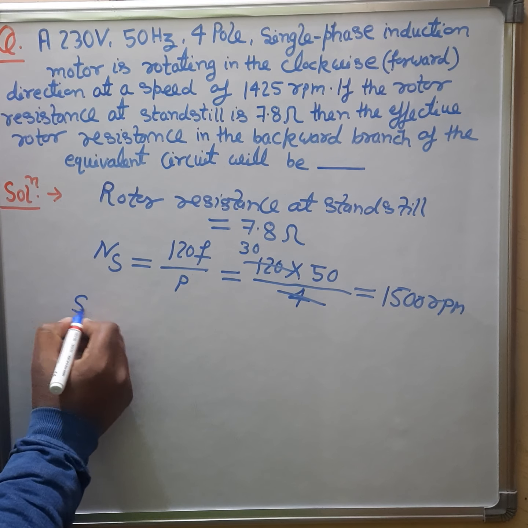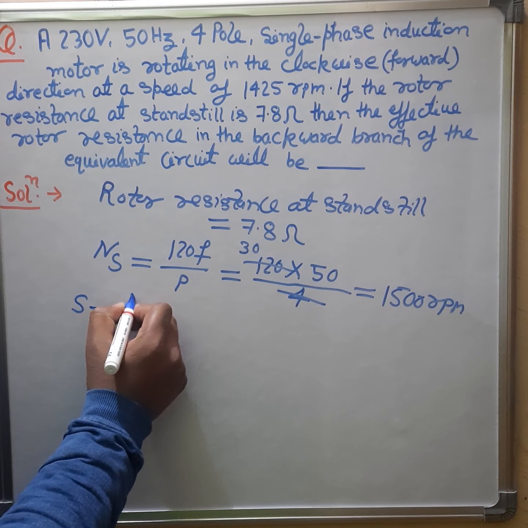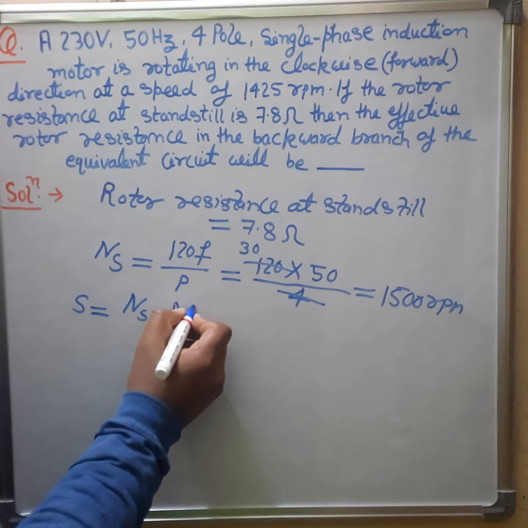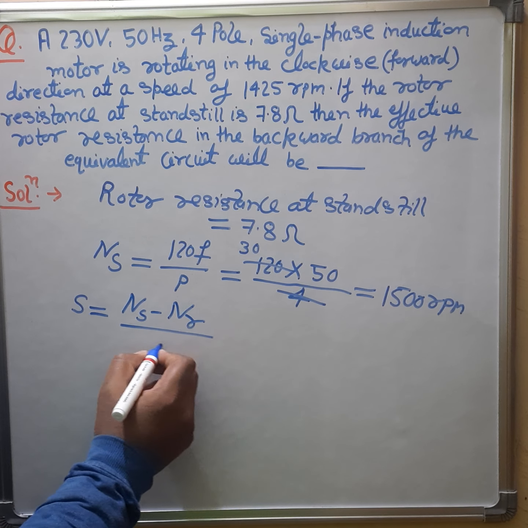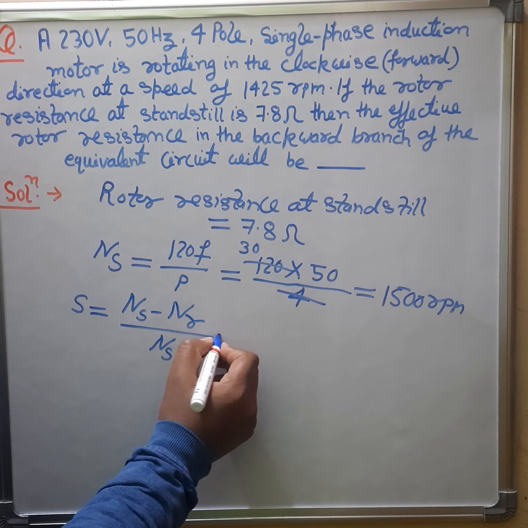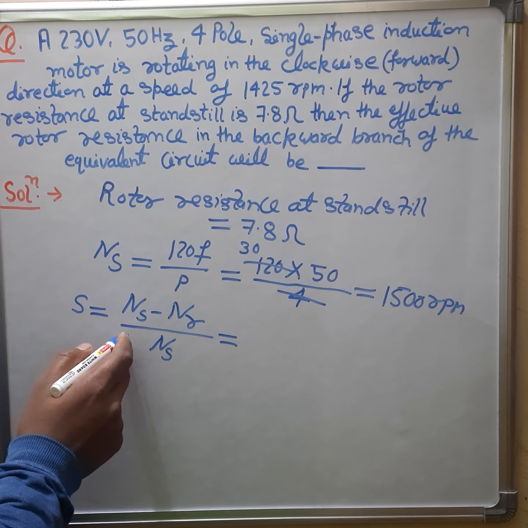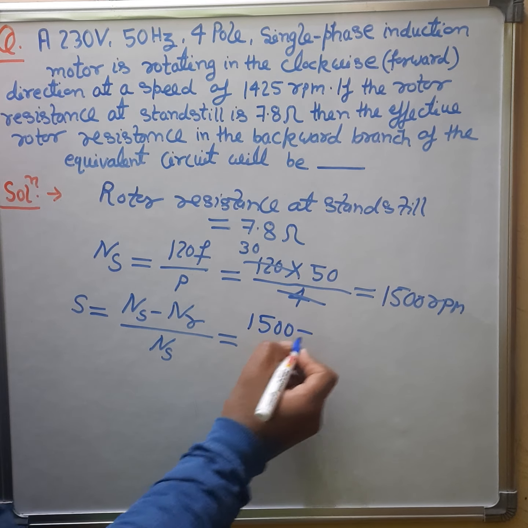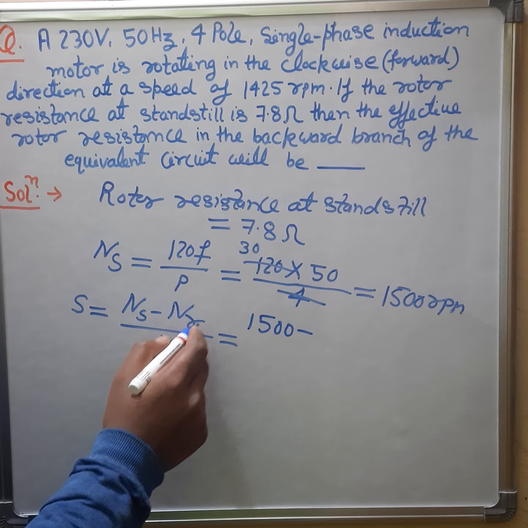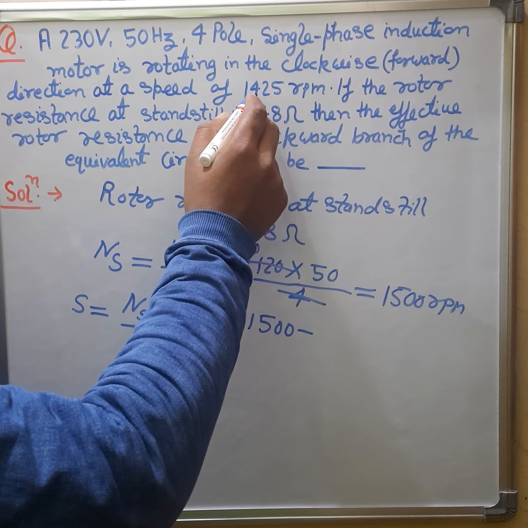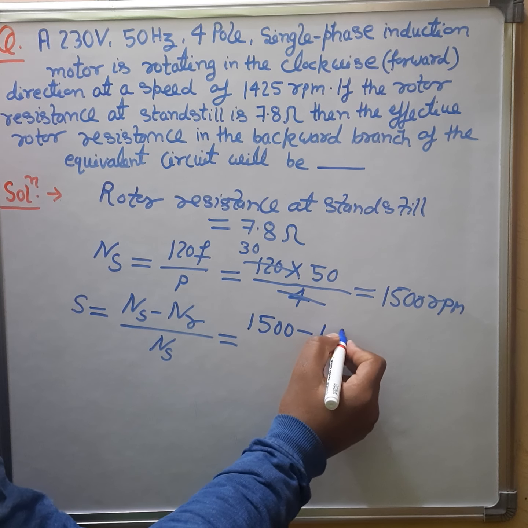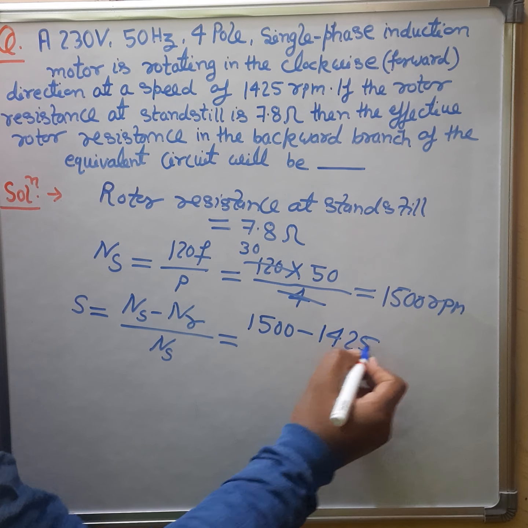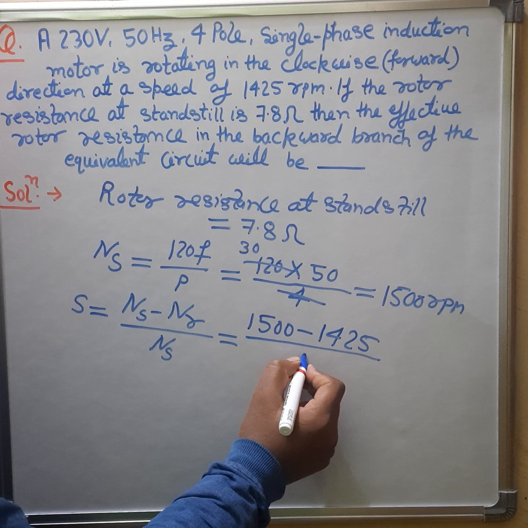Then slip is equal to Ns minus Nr divided by Ns. Then synchronous speed is 1500 minus Nr. Nr in the question is given as 1425, divided by 1500.